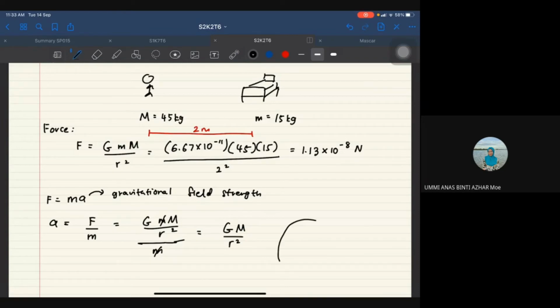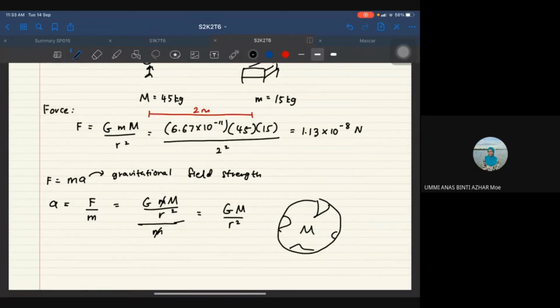Okay, so the mass is the one that is pulling lah. So A, if you want to calculate A, the mass would be the source of gravity.